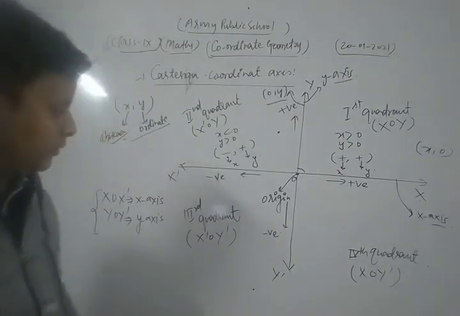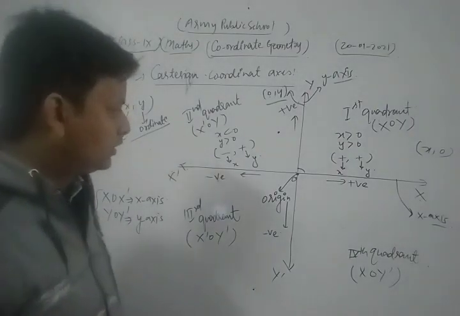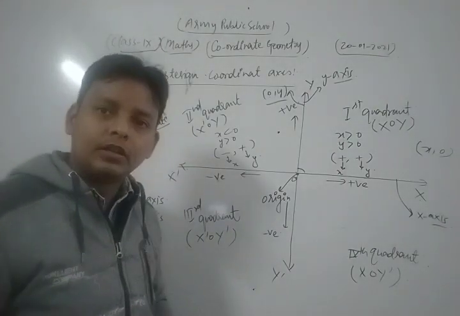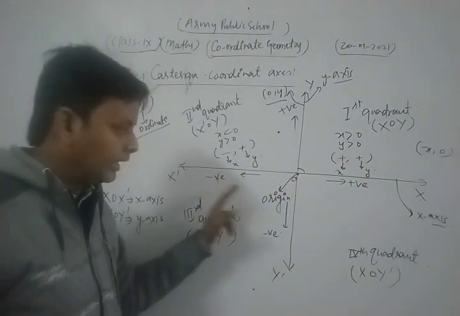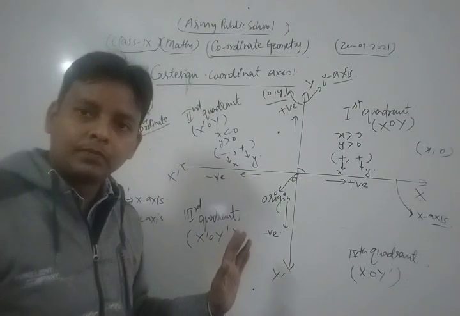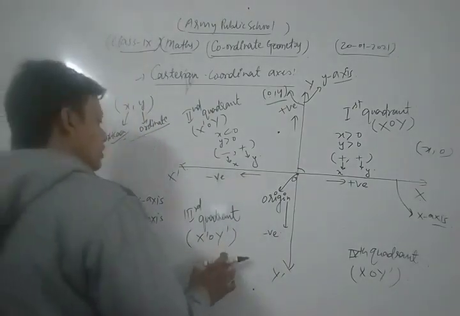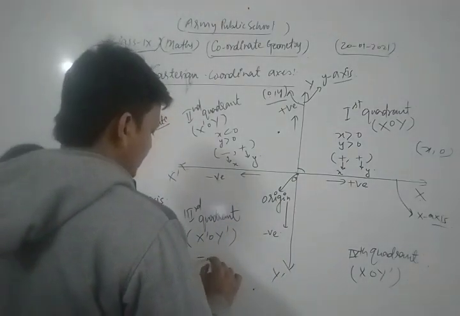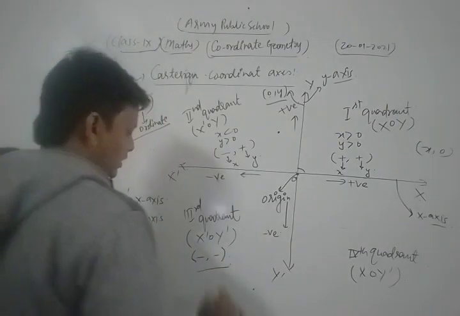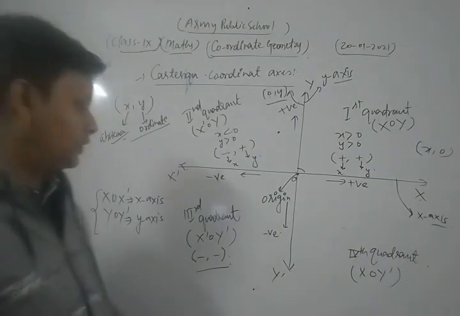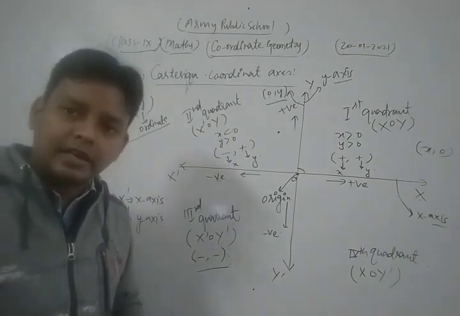Okay. Now in the third quadrant, dear students, this is the negative direction of x, this is the negative direction of y. So in the third quadrant both abscissa and ordinate are negative.